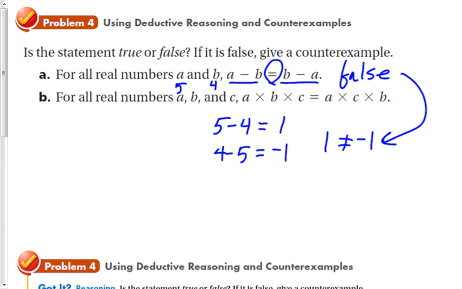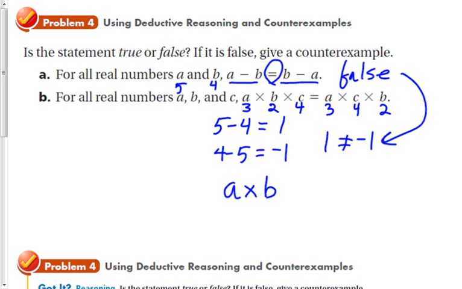Now the second one, for all real numbers a, b, and c, a times b times c is equal to a times c times b. Now you could try an example and see if this works. Like you could put a 3 and a 2 and a 4 there for a, b, and c, and then you would just switch around 4 and 2. I hope some of you are thinking, oh, you just switched them around. That's the commutative property, which of course it is.